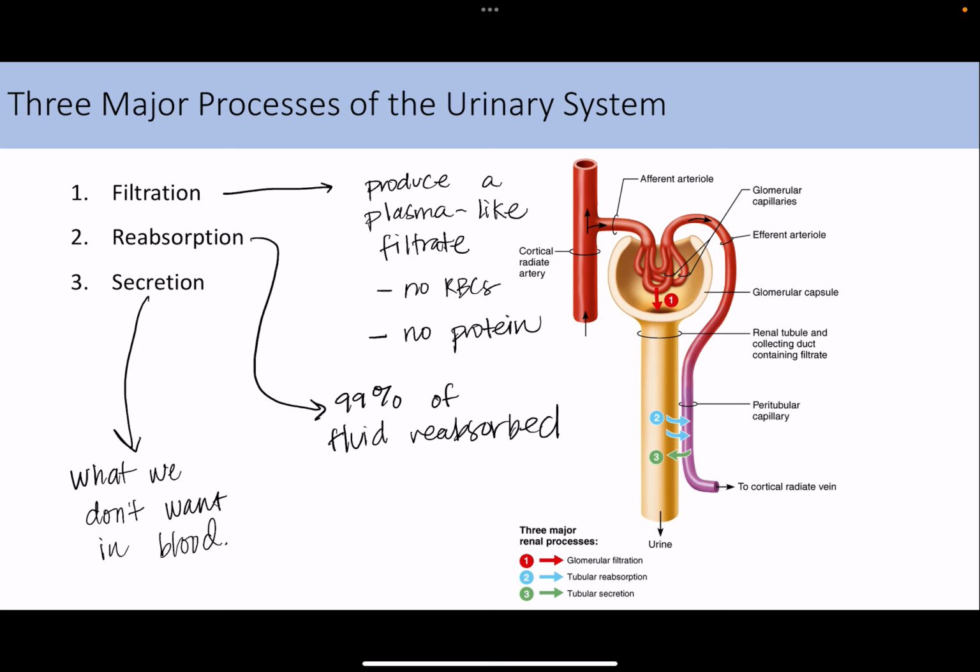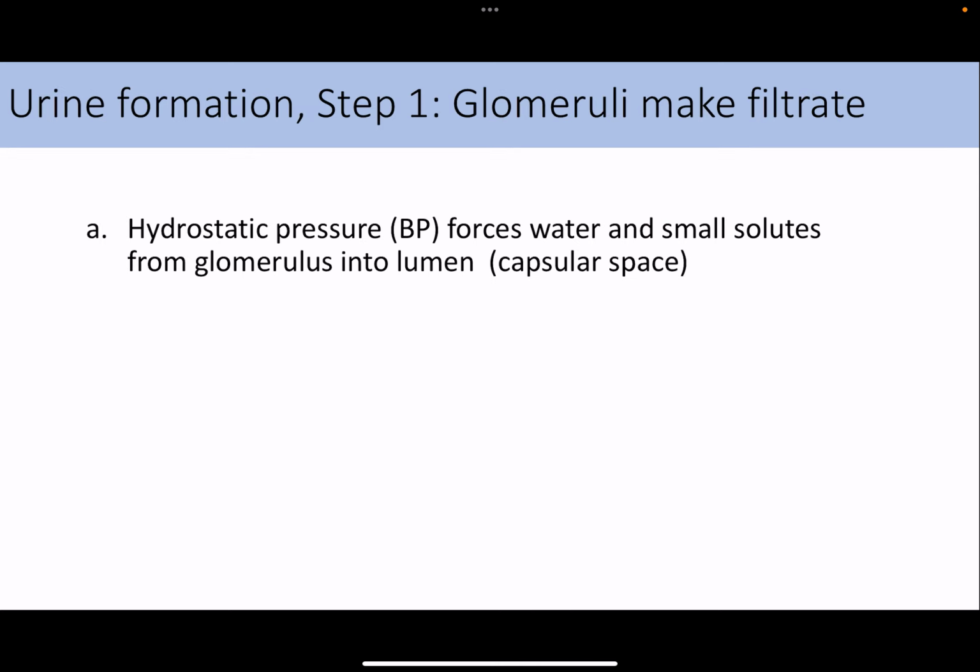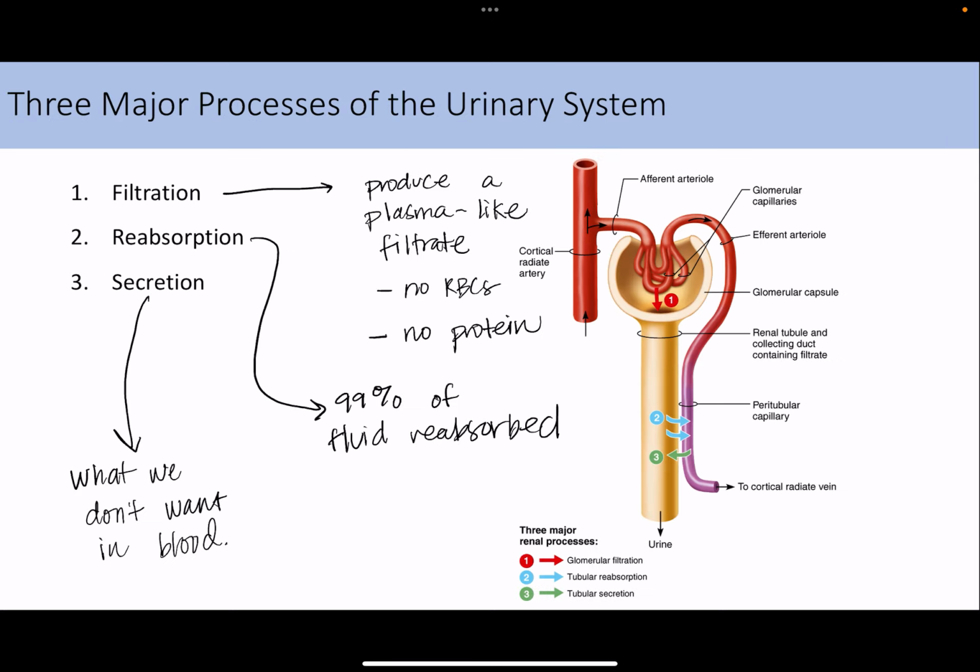All right, so any questions about those three steps? Okay. So hydrostatic pressure forces water and small solutes from the glomerulus into the lumen or the capsular space. And if you guys remember from blood vessels and capillary dynamics, hydrostatic pressure is essentially the pressure against the capillary walls that's caused ultimately by blood pressure.